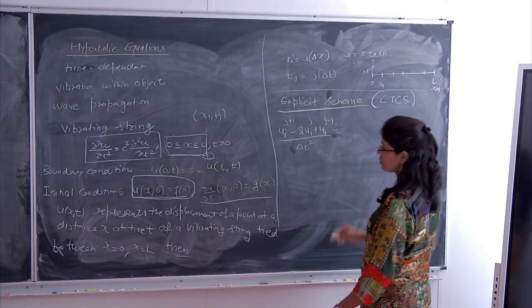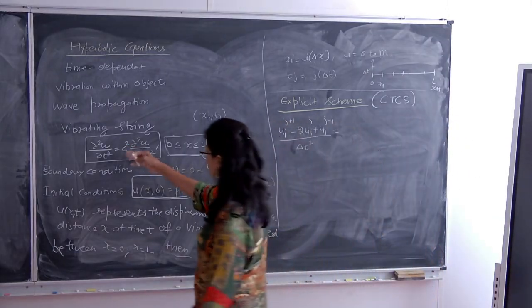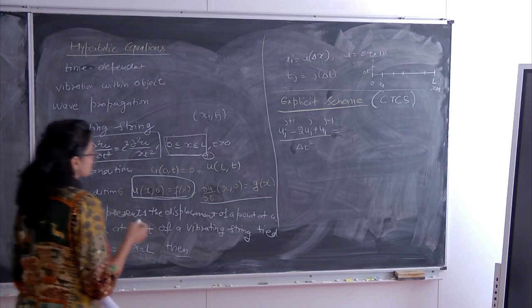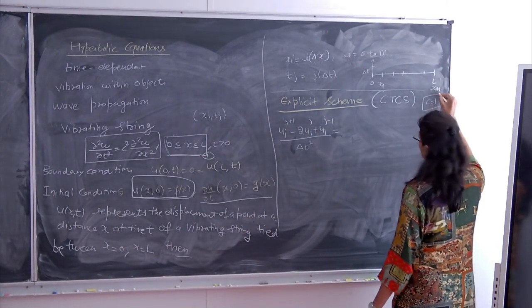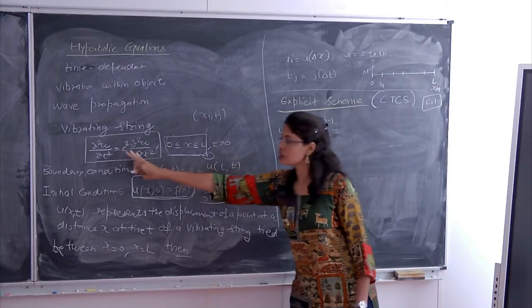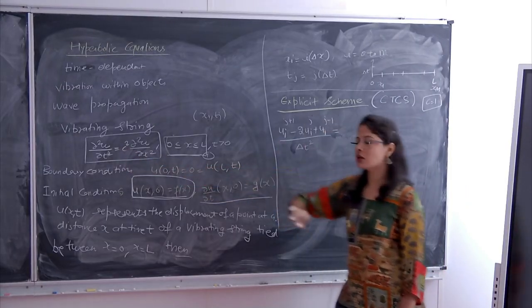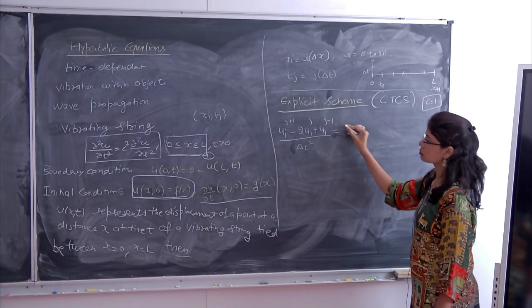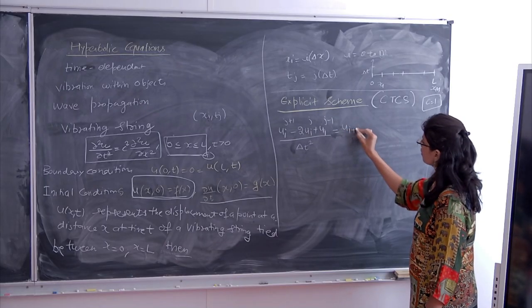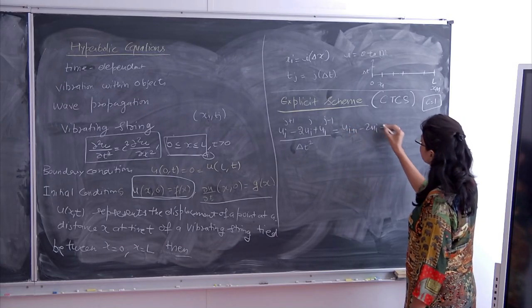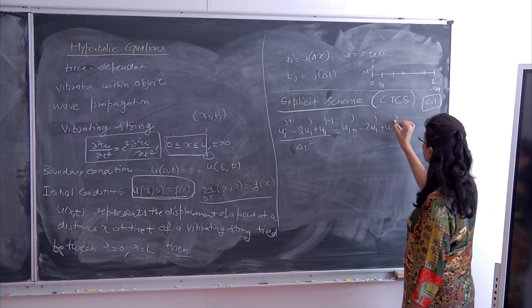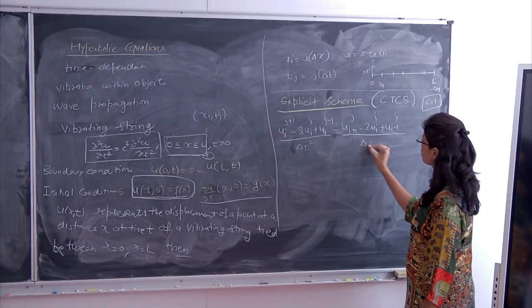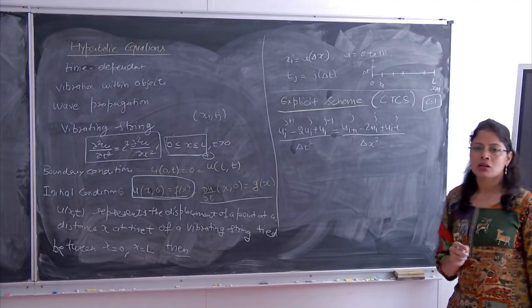So in particular for this scheme, let's take the constant c as 1, just for simplification. Let's see how I will find this. This is u i plus 1 minus 2 u i plus u i minus 1, taking it at j, divided by delta x square.